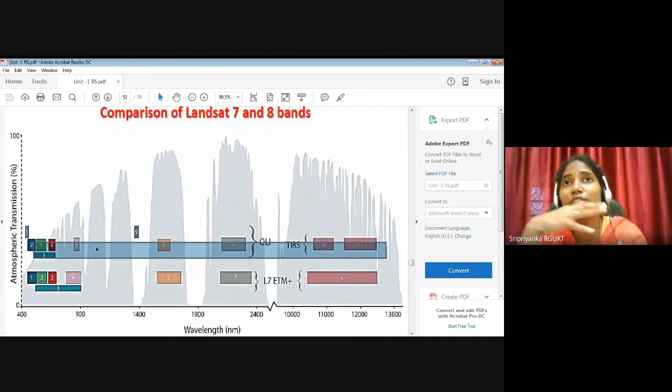If some specific objects are to be captured, where I know that vegetation only responds to green and infrared wavelengths, I will choose only a small green part and a small infrared part, rather than keeping the entire range. Even if I cover the rest, my vegetation doesn't respond in the red and blue, so I will not see any reflection.